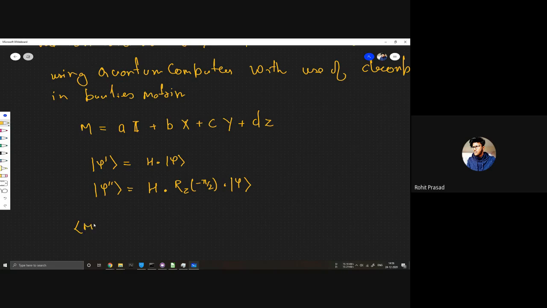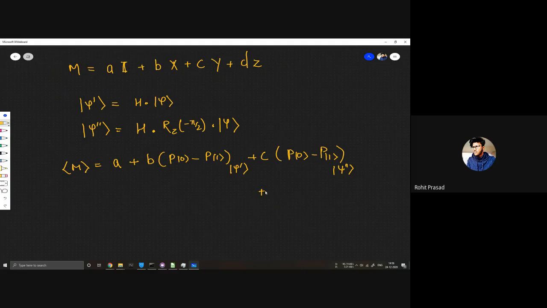Our expectation value of M will be equal to A plus B times (probability of 0 minus probability of 1) with the state psi dash, plus C times (probability of 0 minus probability of 1) with the state psi double dash, plus D times (probability of 0 minus probability of 1) with the state psi.